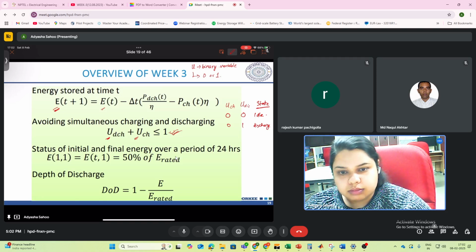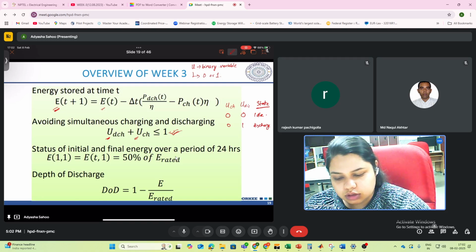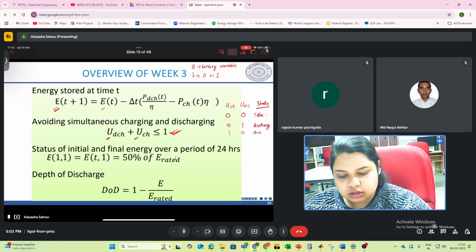And previously 0 plus 0 is 0, and 0 is less than or equal to 1, so this condition is again satisfied. And if 1 and 0, then the battery is in charging mode. Again 1 plus 0 is 1, this equation is satisfied. But if both are 1, then their sum 1 plus 1 is 2, and 2 is not less than or equal to 1. That means that equation is not satisfied. So this is not possible.